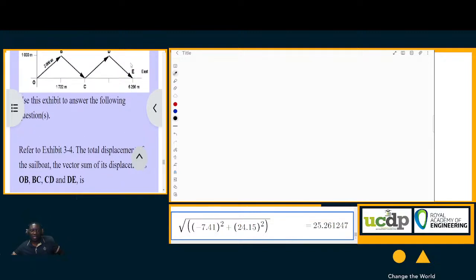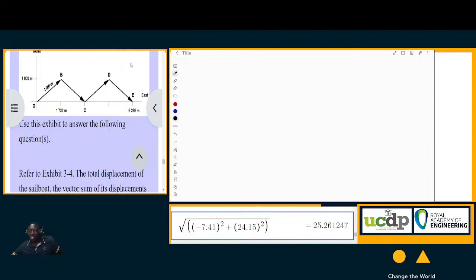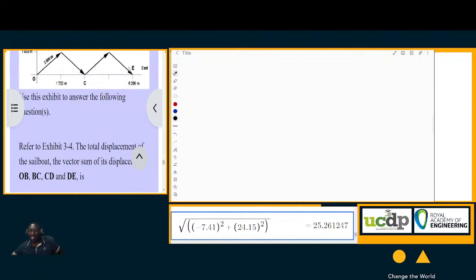The writing is on the wall. 6298 East. Perfect. It's 6298 East. You don't need to work this one out, right? That's correct. Thank you, Roshan and Cindy. So it's 6298 East. There's no working out of anything here because the displacement is just the straight line connecting O and E, and that distance there is 6298, and this direction is to the east.